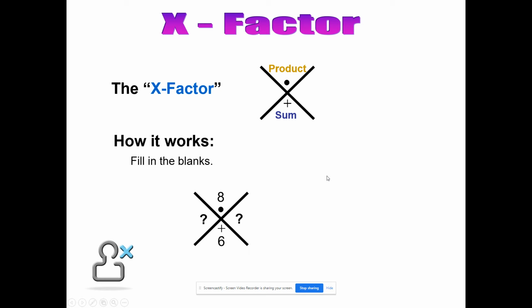So let's say we're given 8 and 6. Okay, so what we want is we want 2 numbers that multiply to 8, but those 2 numbers also need to add to 6. Okay, so what I do is I just think of multiples of 8. So multiples of 8, I've got 4 times 2, and I've got 8 times 1.